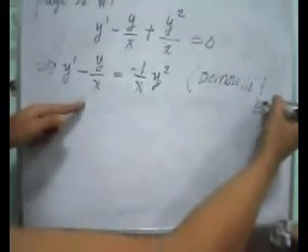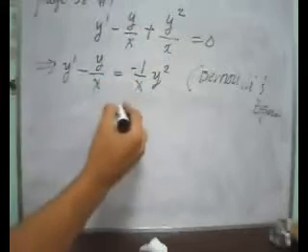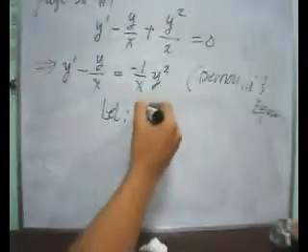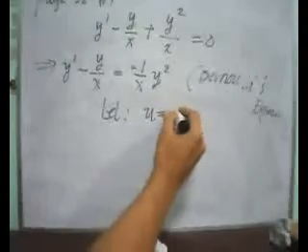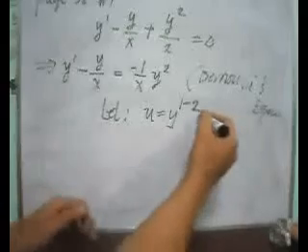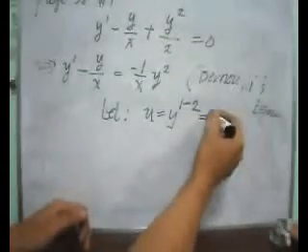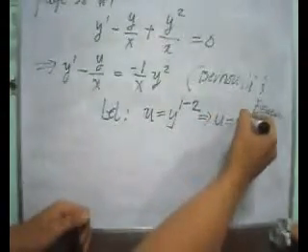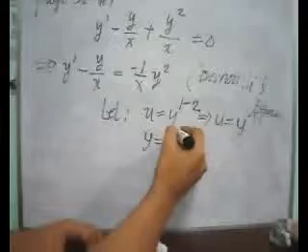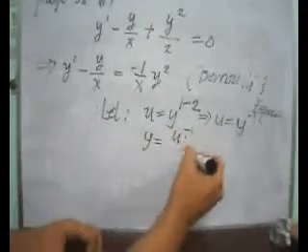Bernoulli's equation. And we know how to solve Bernoulli's equation, right? So we let some substitutions. Let u be equal to y raised to 1 minus 2. That is, u equals y to the negative 1. And then we have y equals u to the negative 1.